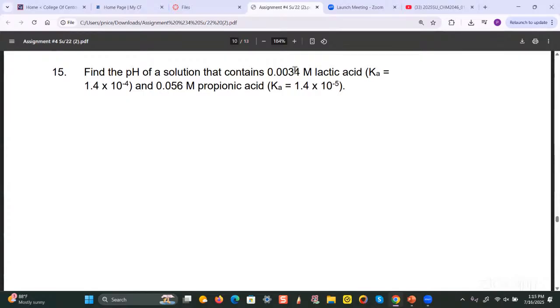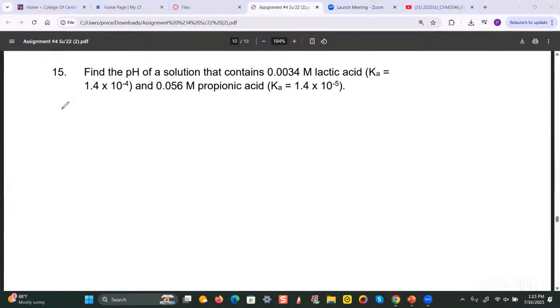So you have to find the concentration of H plus formed from the lactic acid, and then do the same thing for the propanoic acid, and then you add them together to get the total concentration of H plus, and then you find the pH, which will be the minus log of that value, right? So that's just an overall description of how that will be done. So let me start off with the calculation for the lactic acid.